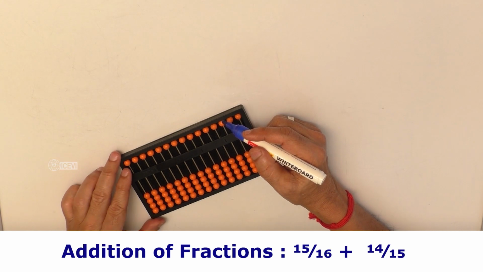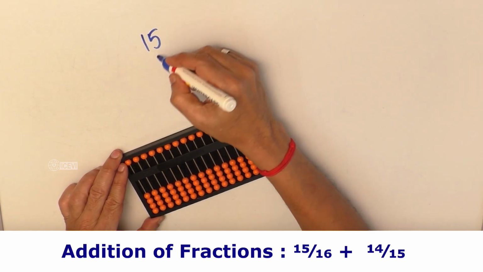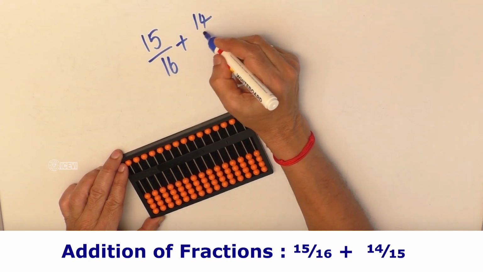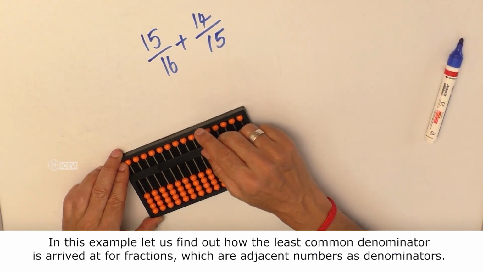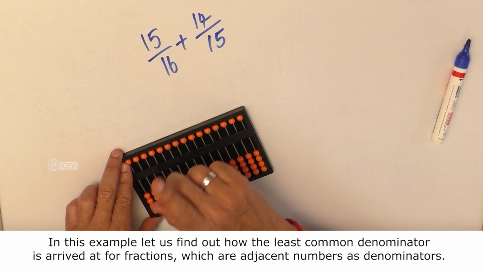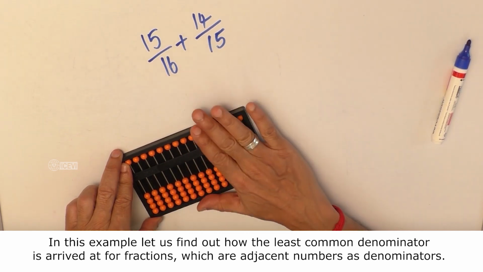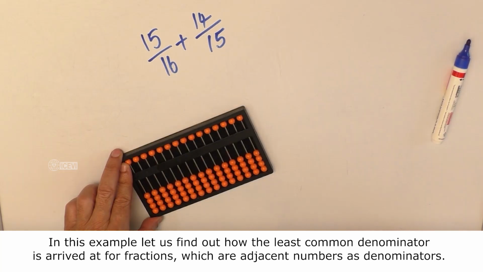Title of the video: Addition of Fractions, Example 15 by 16 plus 14 by 15. In this example, let us find out how the least common denominator is arrived at for fractions which have adjacent numbers as denominators.